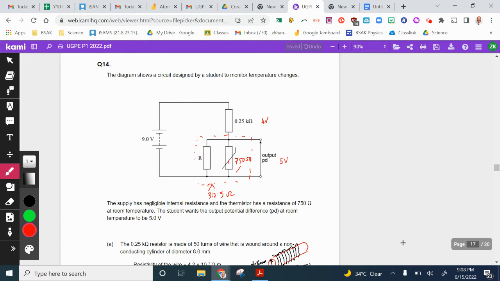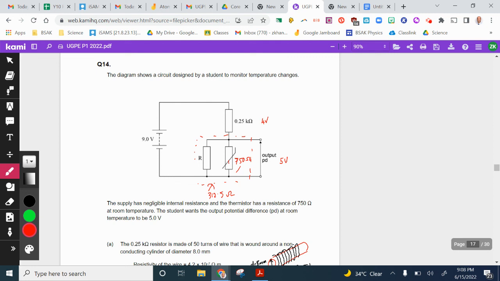That's going to reduce the overall resistance in the parallel section, and the proportion of the overall resistance compared to the whole circuit will be reduced here as well. And therefore, the output voltage will be reduced as well.